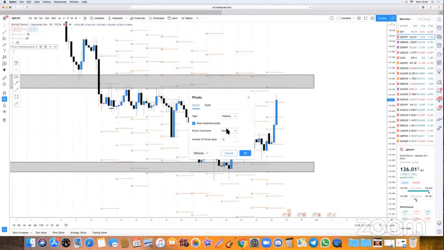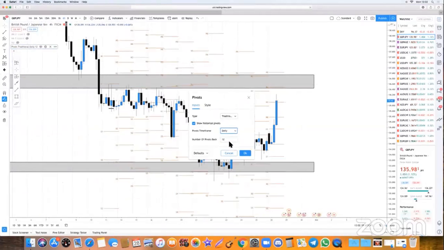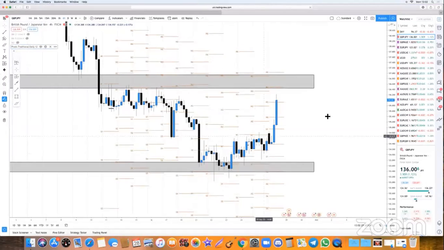Now I'm going to ask you specifically to put it on daily. It's going to be on auto, but don't do auto, put it on daily, okay? Now you can choose how many pivot points back you want to go. That's not too important unless you're backtesting, etc. But here they are. Guys, let me explain to you how pivot points work.